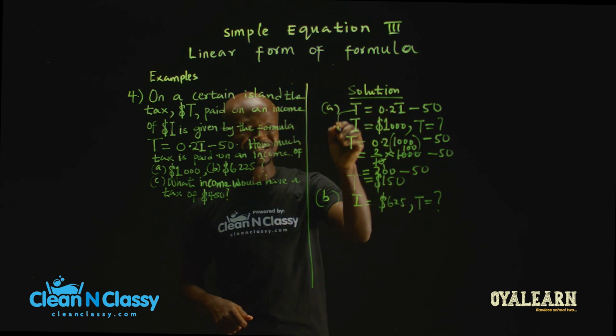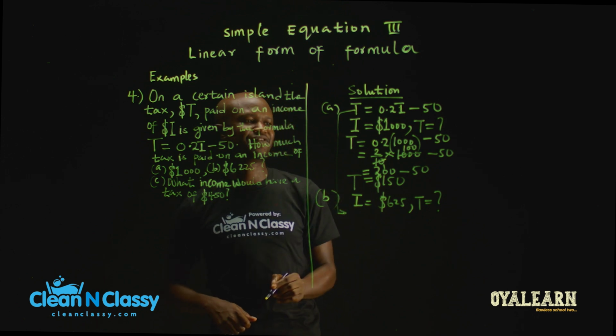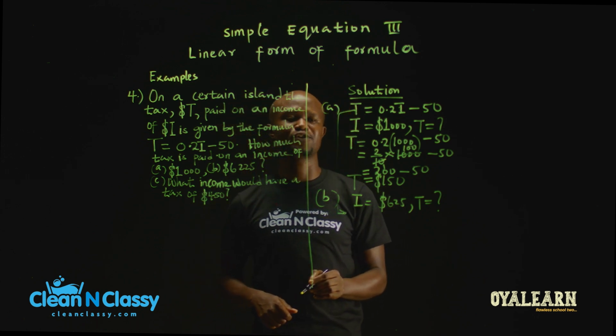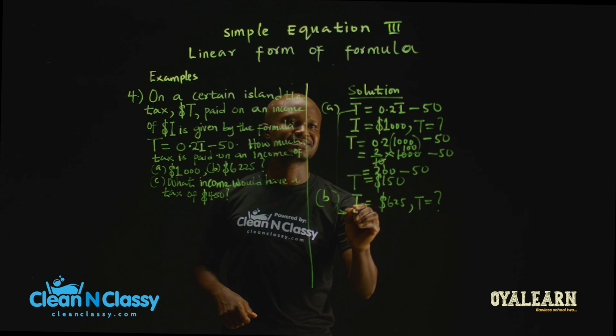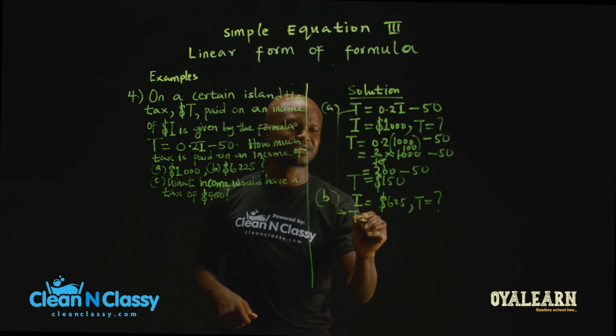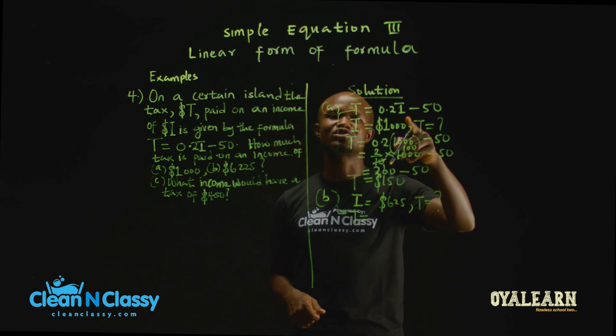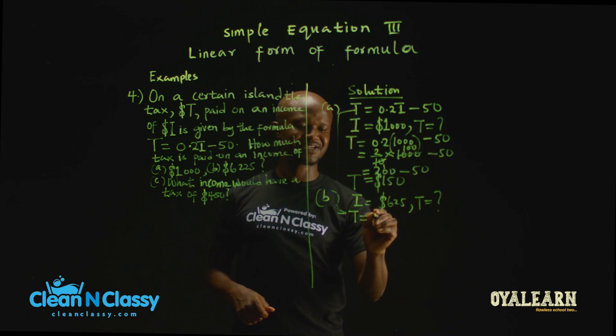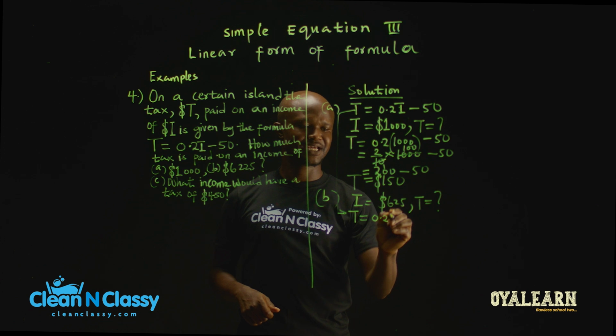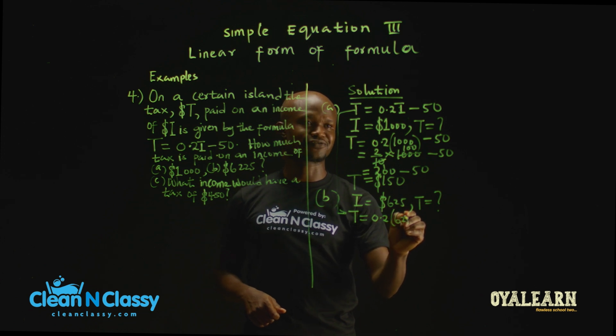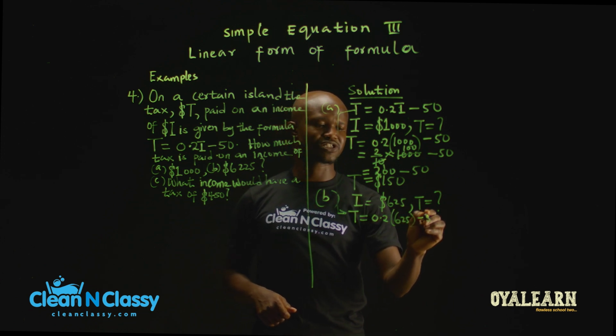We still go back to the same formula, so we have T equals, anywhere we see I, we substitute 625. So we have 0.2 into bracket 625 minus 50.